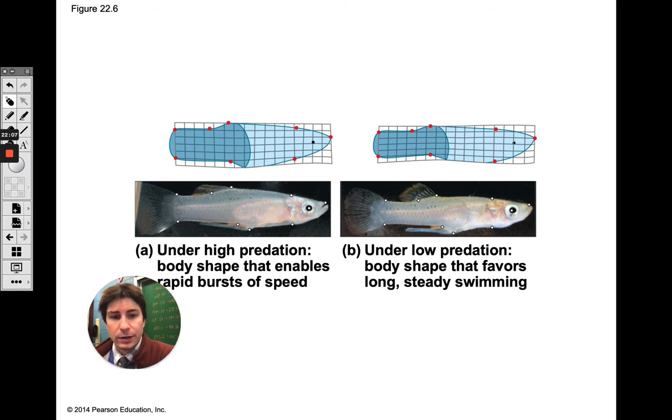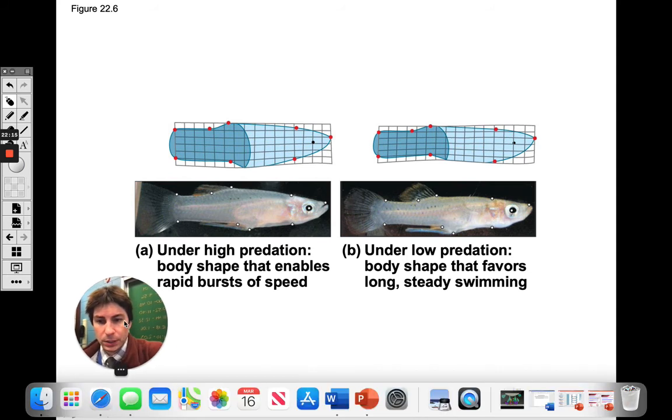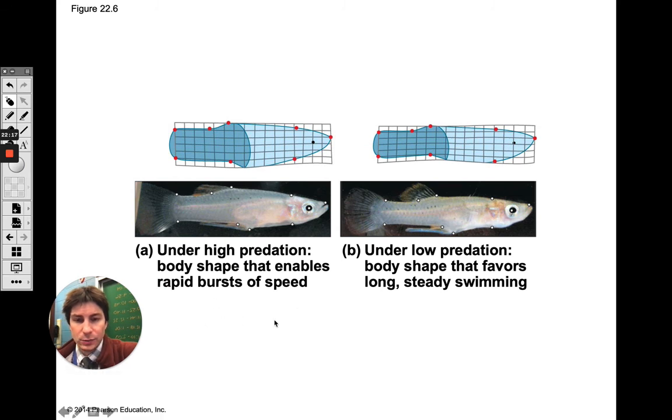Here are two different fish. You can see they look about the same, but something happened where there was a barrier between them. This one on this side has a different body shape where it's not able to swim for a long time, but it's able to go for rapid bursts, swimming very fast for a short amount of time.